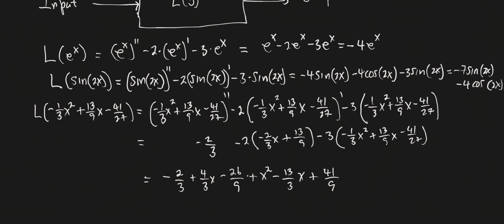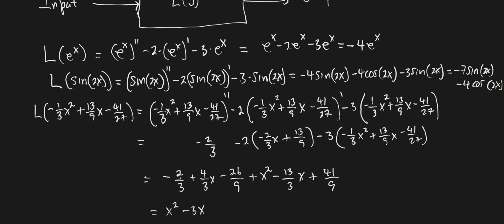And then let's see, what do we have? So we have an x squared term. So that's x squared. For an x term, I have 4 minus 13, so that's negative 9 over 3, so that's negative 3x. And then what do we have for the constant term? Well, this I can write as negative 6 over 9.